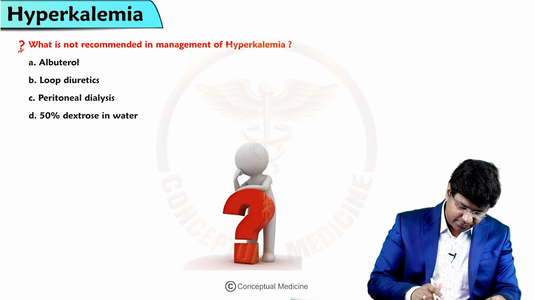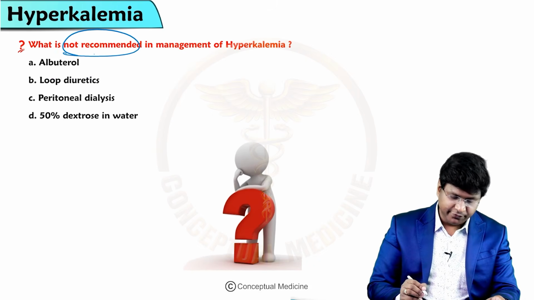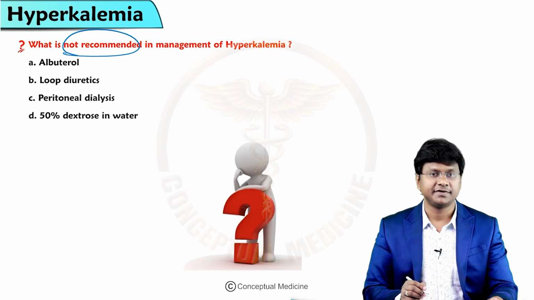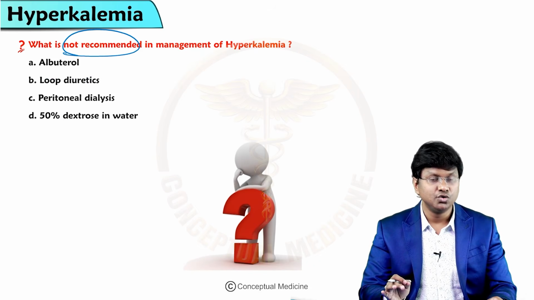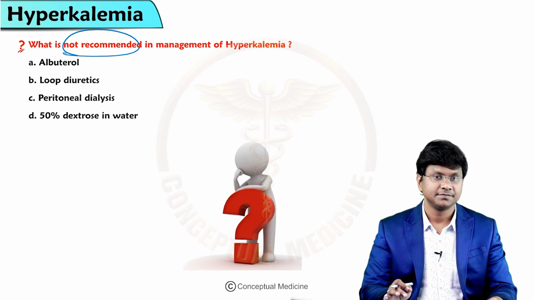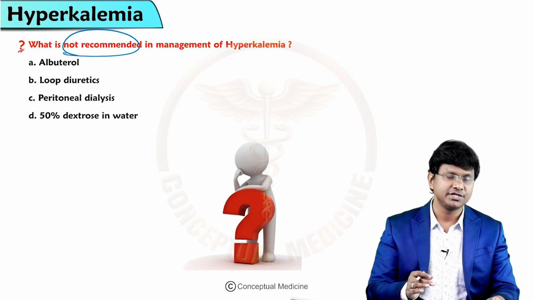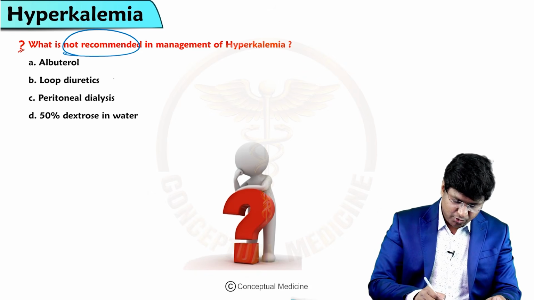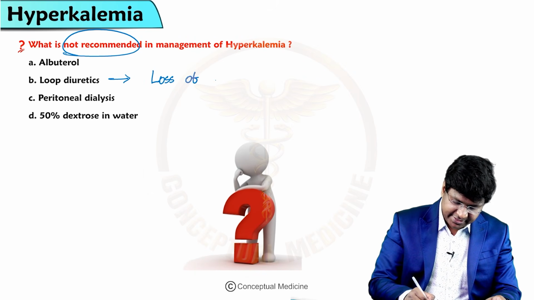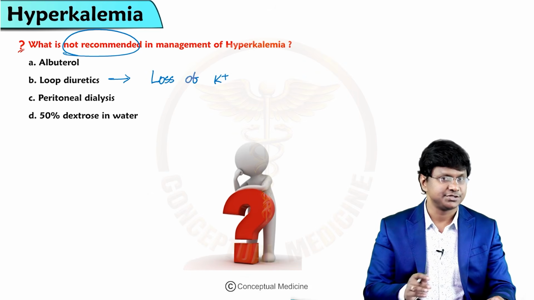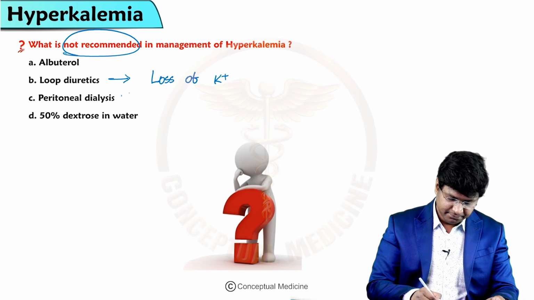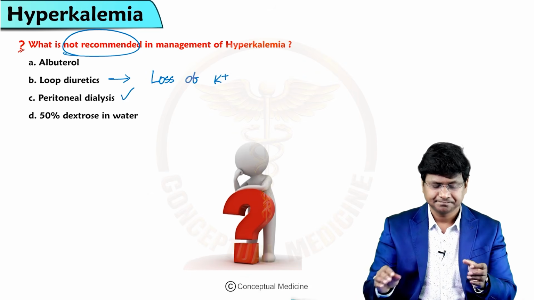Next, the other question is, which of the following is not recommended in the management of hyperkalemia? Albuterol, loop diuretics, peritoneal dialysis, 50% dextrose in water. Albuterol is a beta-2 agonist which will cause transcellular shift. Loop diuretics will cause the excretion of potassium, so we use them.